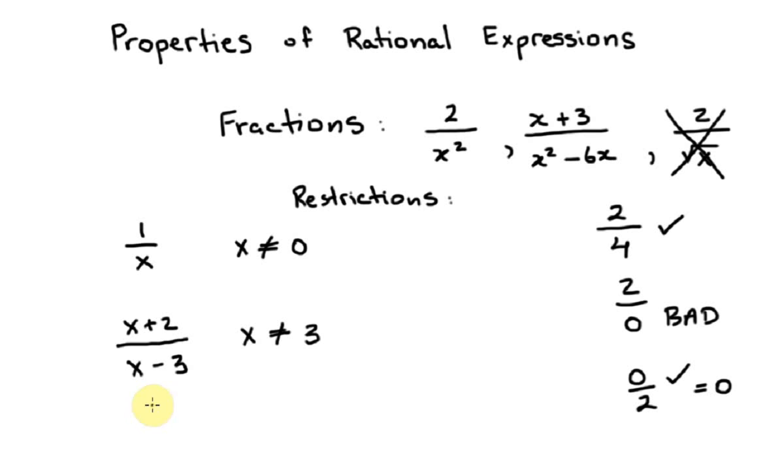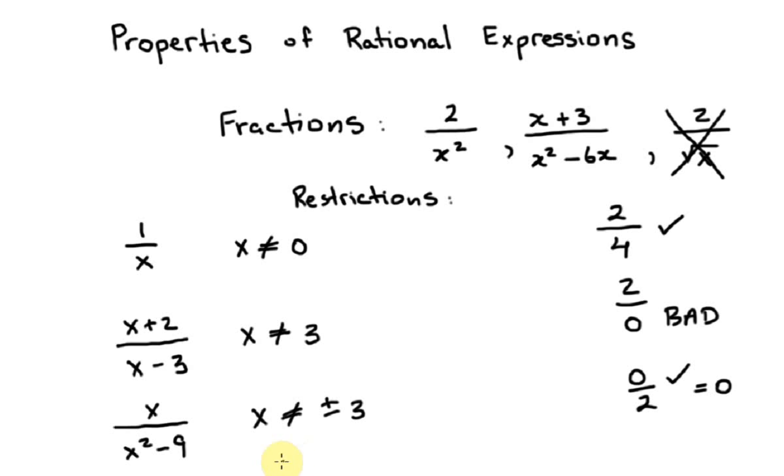All right, let's squeeze one more in here. How about x on the top and x squared minus 9 on the bottom? Here's an example where there's more than one restriction. x is not allowed to be either positive or negative 3, because either of those choices, when you square them, you get 9, and 9 minus 9 is 0.